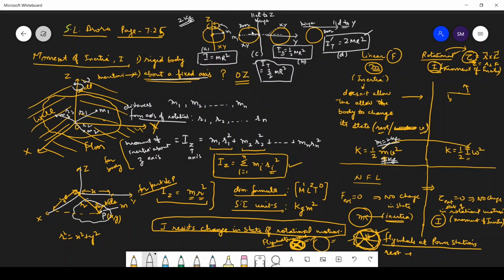But if we compare both the figures, then the plane and the axis of rotation are perpendicular to each other, because in D figure also the axis is y and the plane is xz. So it's just the virtue of their position. Here the axis is in the plane of the ring.